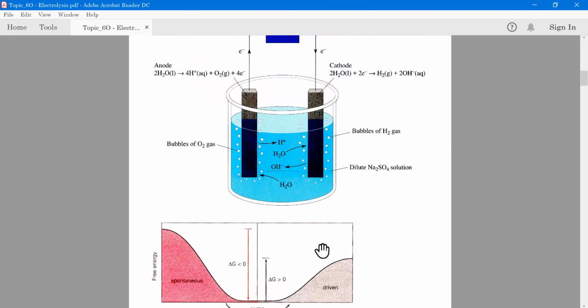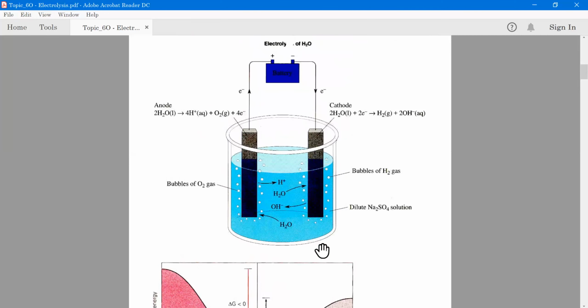Now, here's an example, a very simple one, of an electrolytic cell. This is simply the electrolysis of water, as it's called. Water, of course, is H2O, and the two reactions that occur at the anode and the cathode are written right here.